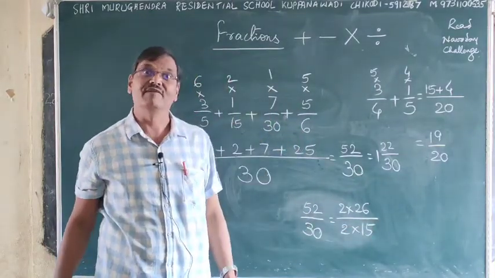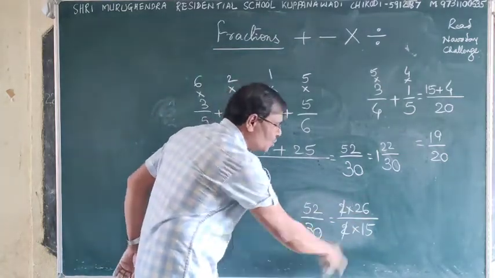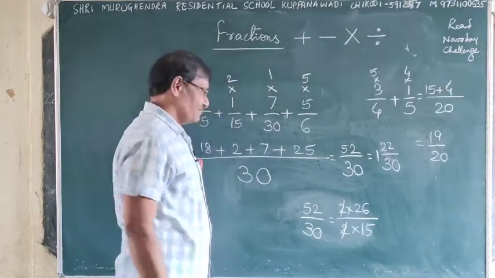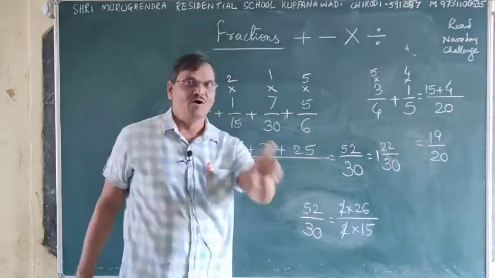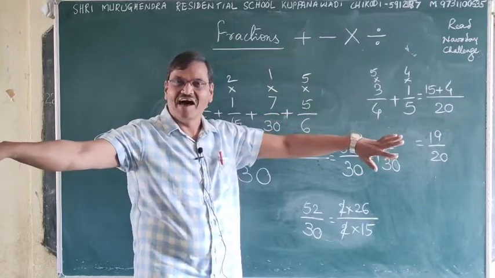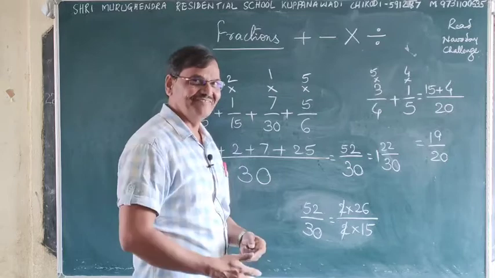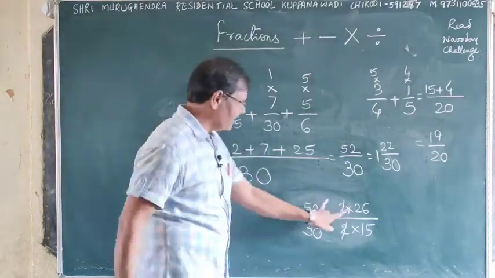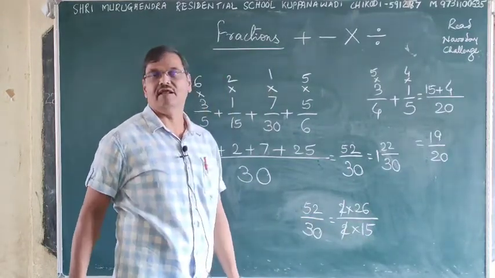See, then the common factor 2 is over, and what remained here is 26 by 15.